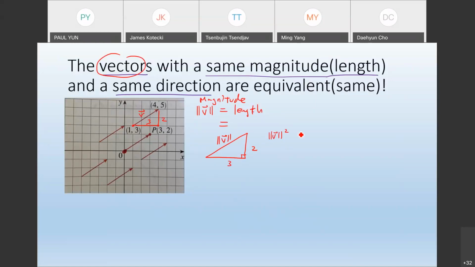Some silly thing like this: square root of 3 squared plus 2 squared, which is 9 plus 4, 13. Yeah, this is the one. How about this one? Same thing, right? 3, 2. They're all the same thing, right? 3, 2.